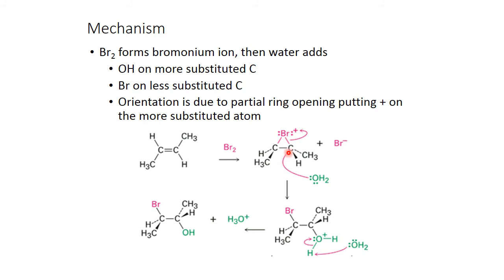Now what happens is water is going to come in from the other side and open this bromonium ion. So here it comes in from underneath, and then this pops open, and you get the bromine over to one side. And now you have water attached to the carbon that used to be on the other side of the bromonium ion.